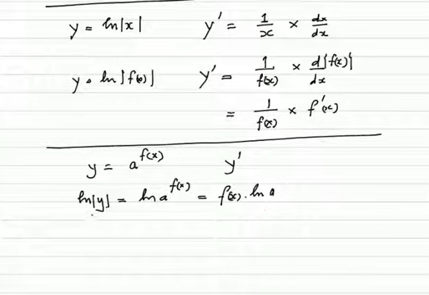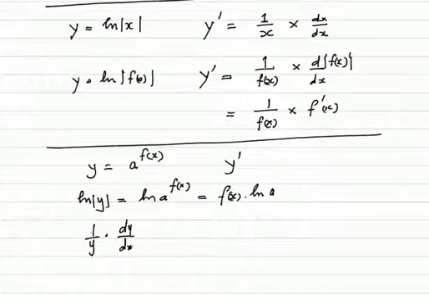Now, differentiating this ln exactly the way I've done it here, I'll basically have 1 over the argument y multiplied by dy dx. I'm saying dy dx because I know from the initial part here that y in the final analysis is a function of x.